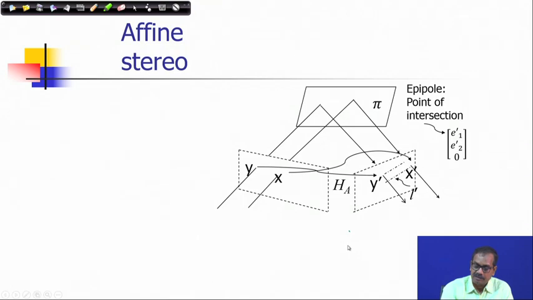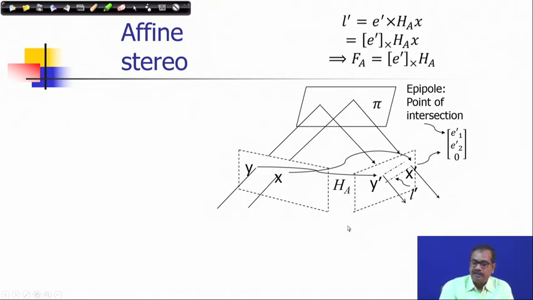We have seen that this is the structure, and following the same construct, the epipolar line is given by E prime cross H_A x, because this is the homography transformation of y to y prime, which will lie also on the epipolar line, and the epipole also lies on the epipolar line. So, E prime cross H_A x equals 0.